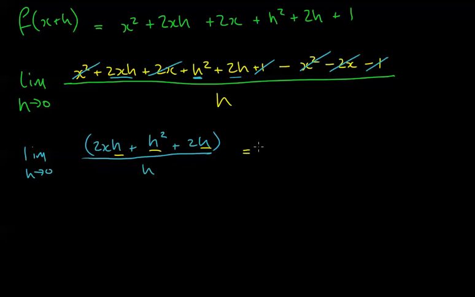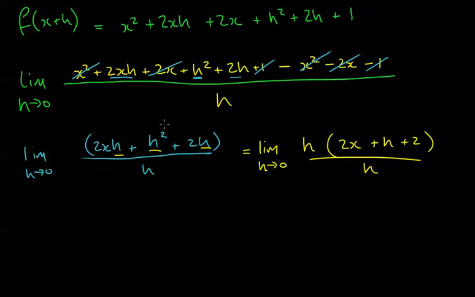Those h's can come out. So what am I left with? (2x plus h plus 2) times h, and I'm dividing that by h. Here we go, we've got some cancellation. We're not going to be dividing by 0 anymore. This h can knock that h out, and all I'm left with is the limit of h approaching 0 of 2x plus h plus 2.